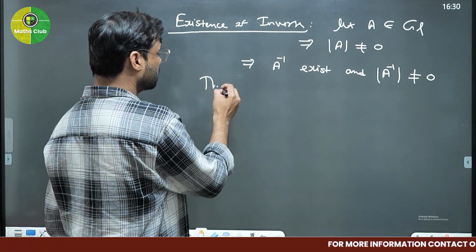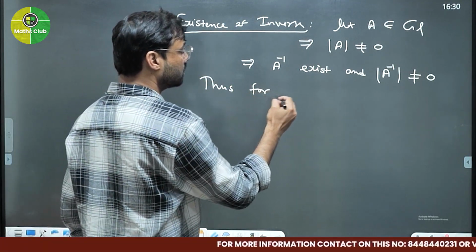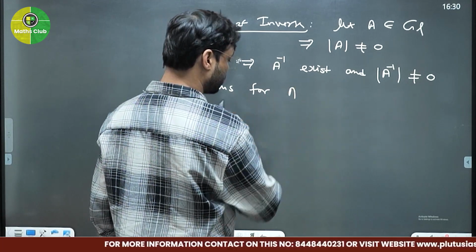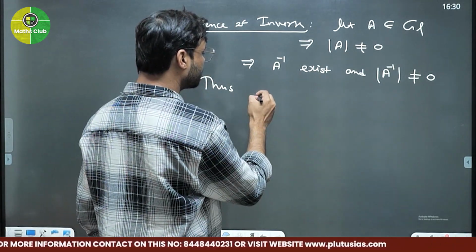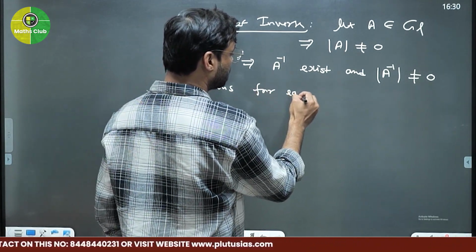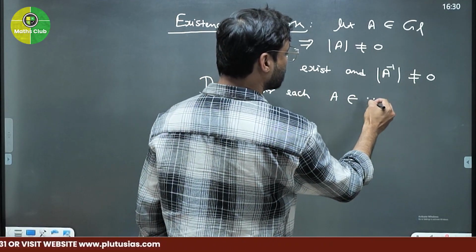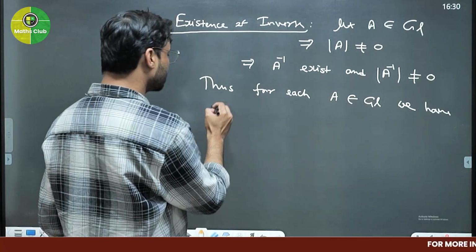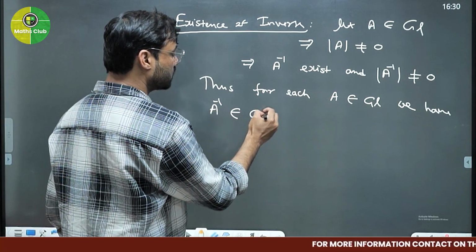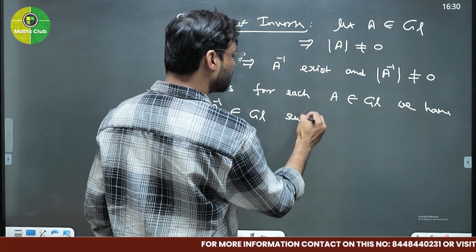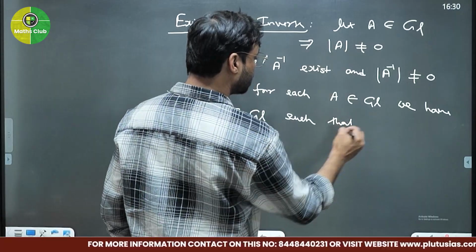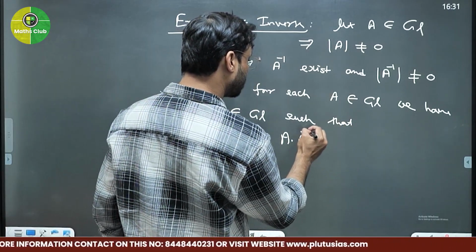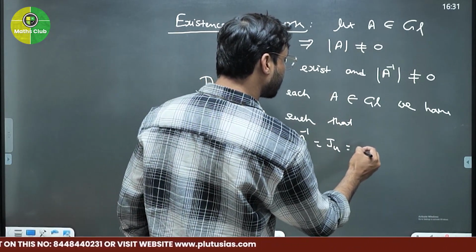Thus for each A belonging to GL, we have A inverse belonging to GL such that A dot A inverse equals the identity matrix.